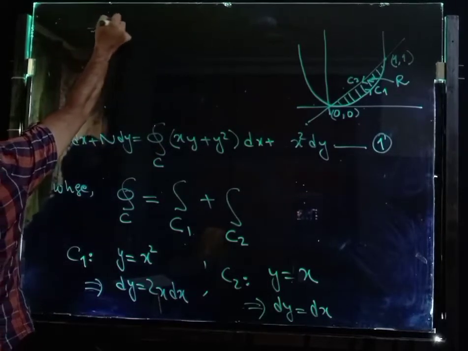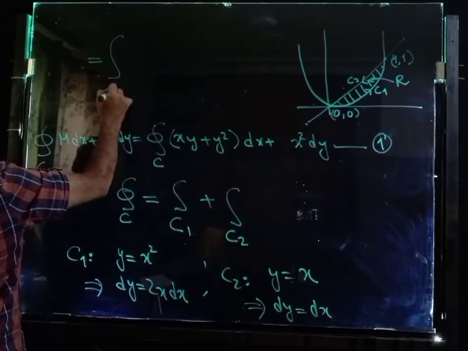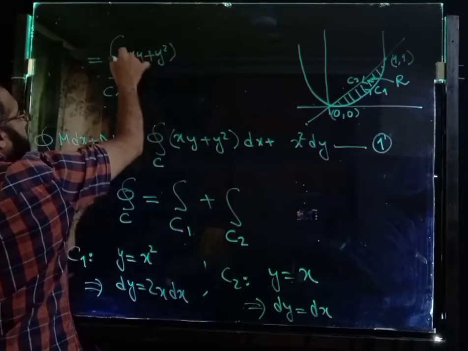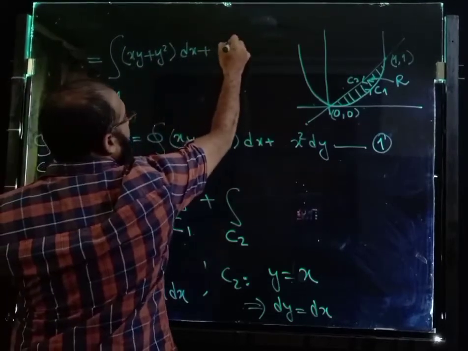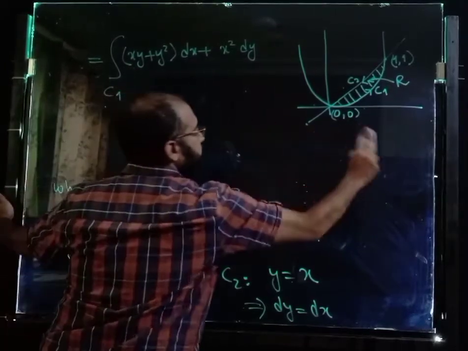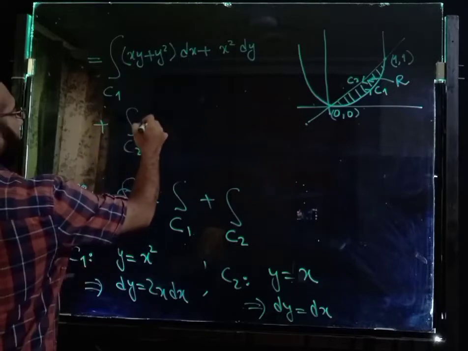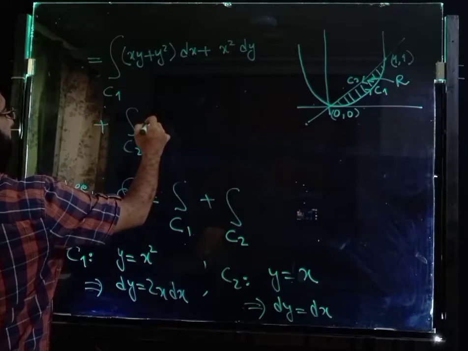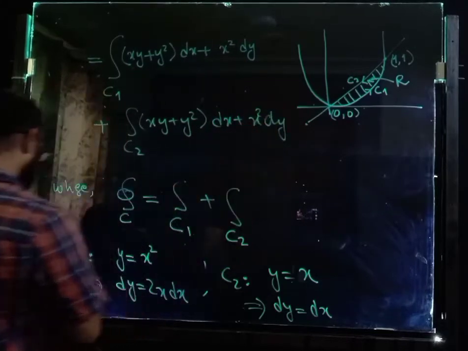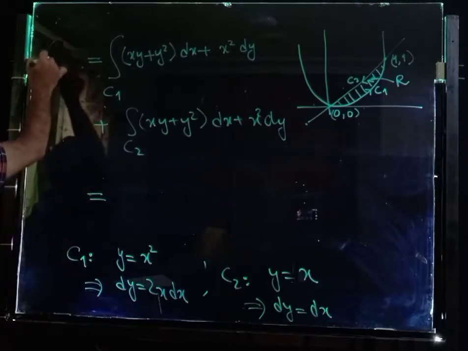So dear student, it means I can write along the curve C1, xy plus y square dx plus x square dy, plus along the curve C2, xy plus y square dx plus x square dy. This is the integral along the closed curve C.